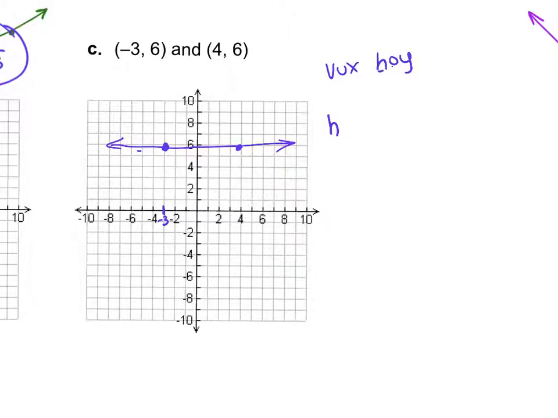Hoi is HO, 0, or a horizontal line has a slope of 0. So this is horizontal because it's going from left to right, like a horizon. So the slope is equal to 0. Looking at the points, you might even be able to recognize that if you're going to be going up to the same value, 6, that means you're crossing the y-axis at 6. So that means you are horizontal.